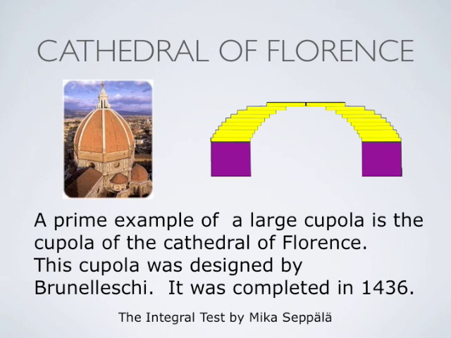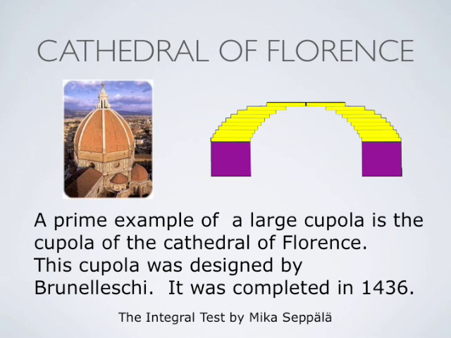A prime example of a large cupola is the cupola of the Cathedral of Florence. This cupola was designed by Brunelleschi and completed in 1436. The shape of the cupola does not suggest that the stability of this construction would be based on the divergence of harmonic series.